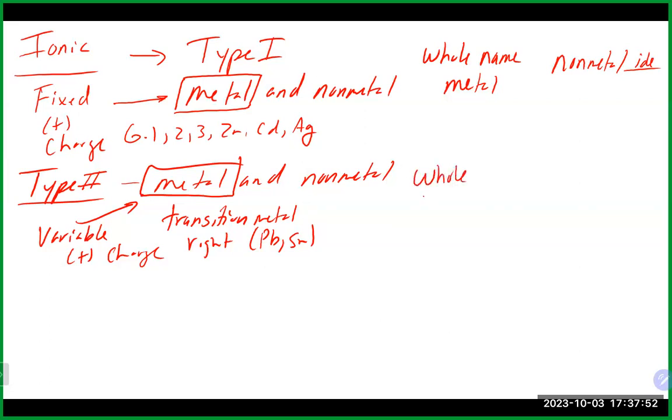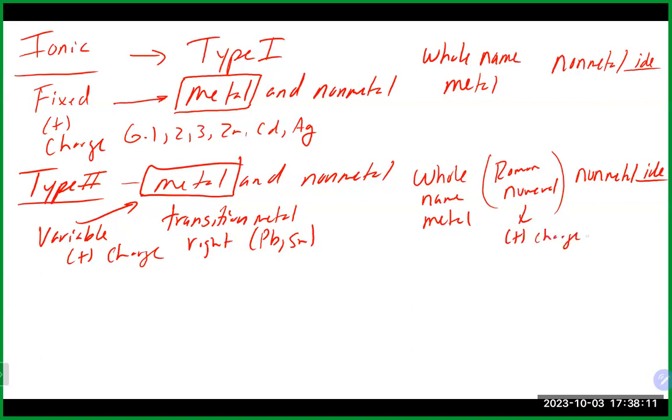We use the whole name of our metal, we still do our non-metal with the IDE treatment, and in between there is going to be our Roman numeral. And again, that is the positive charge on the metal in this particular case.